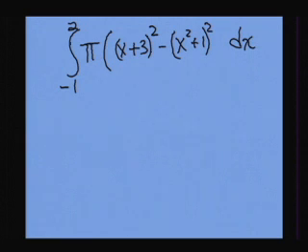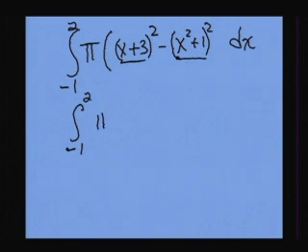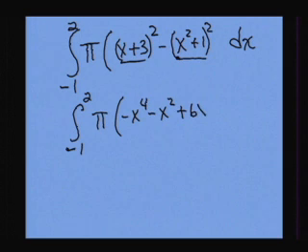When we work this out in terms of expanding the binomials, we will still have the integral from -1 to 2 of pi times (negative x to the 4th minus x squared plus 6x plus 8).